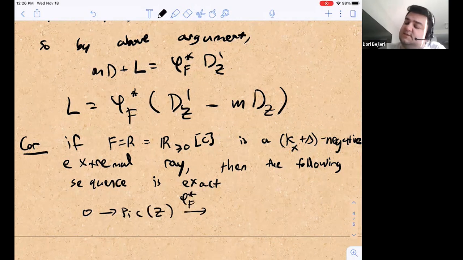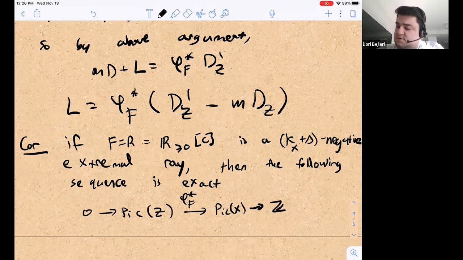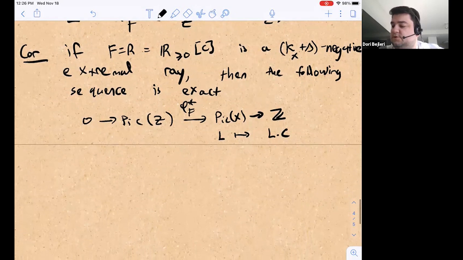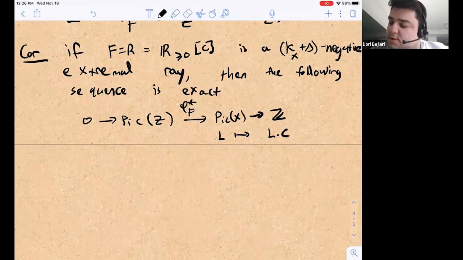So if we look at Pic Z pulling back to Pic X, and then the next thing in the exact sequence is a copy of Z, where this map is just a line bundle goes to L dot C, which is some integer. Okay, so the claim is this is exact. So Z isn't necessarily the cokernel. It's not exact on the right, but it's exact in the middle and on the left.